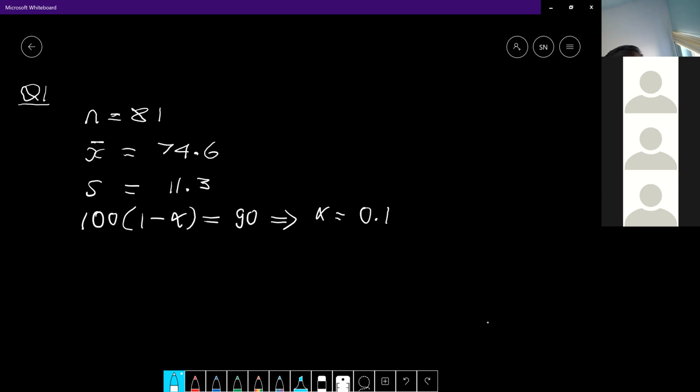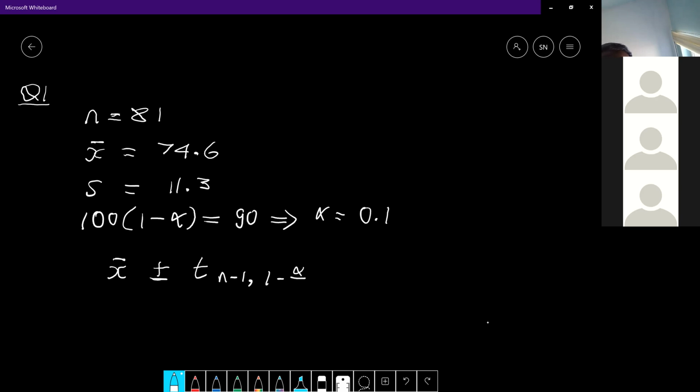Okay, guys. So in this question, we want to find a confidence interval for the mean. And since the population variance is not known, what we are given is a sample standard deviation and not the population one, the formula that you need to use is this one. I hope you remember this from the lectures I did some time ago.